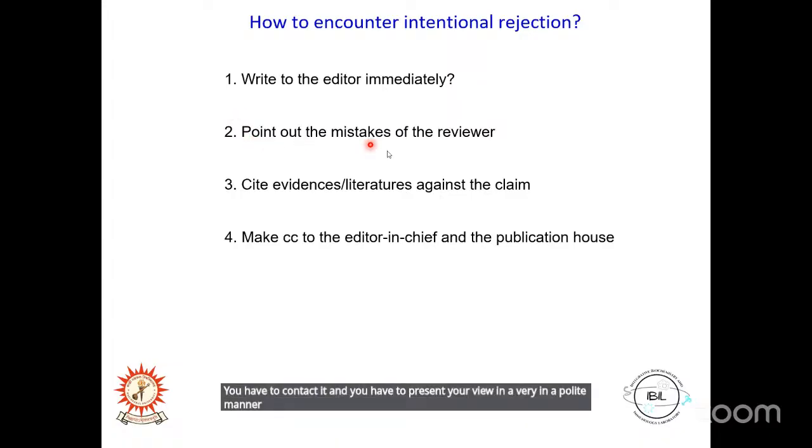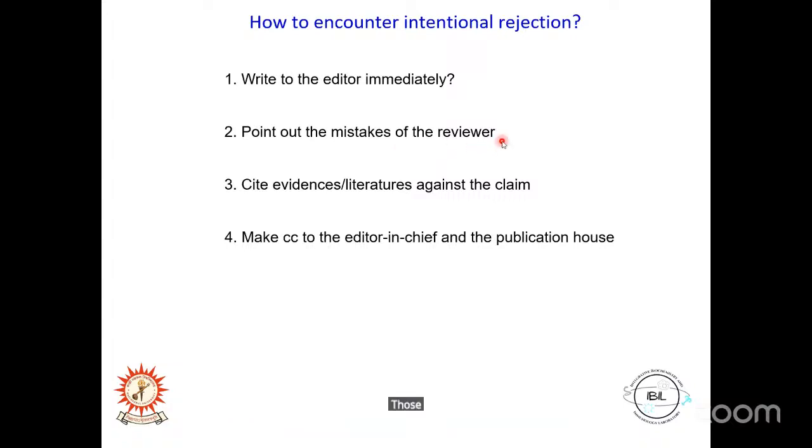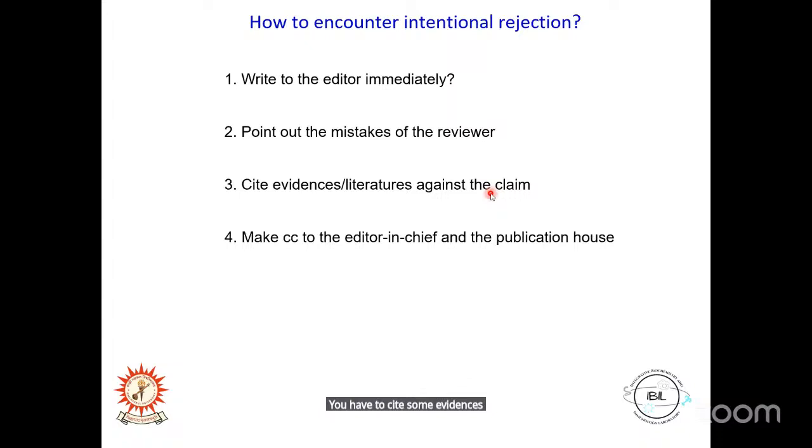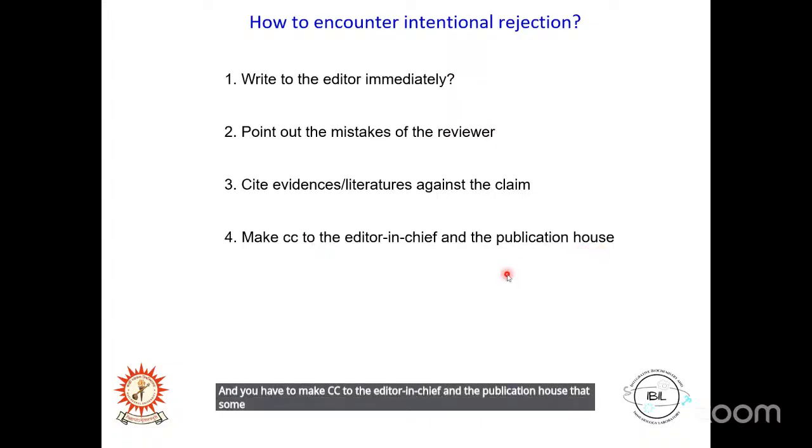You have to point out the mistakes of the reviewers who have reviewed your work, either the editor himself or some other peer reviewers. You have to cite some evidence from the literature against the claim, and you have to CC the editor in chief and the publication house that some academic injustice has happened.